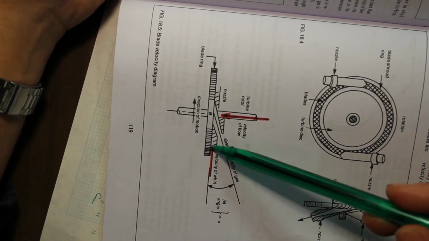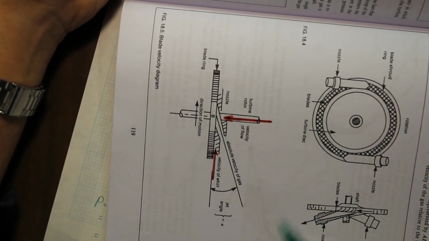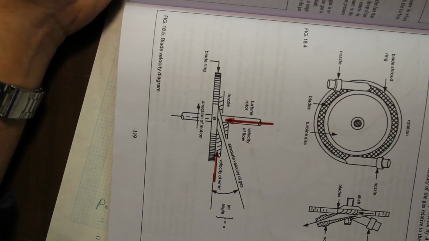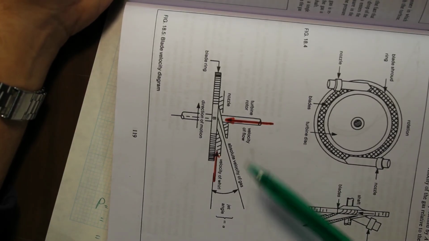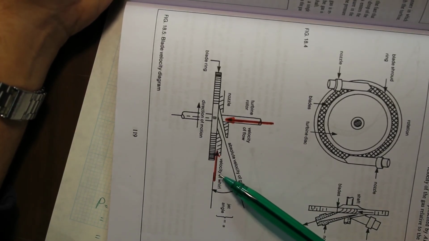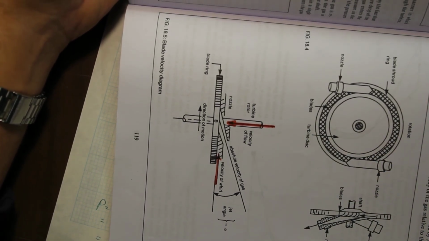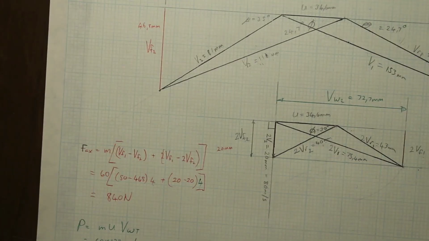So the velocity of whirl causes it to turn, and the velocity of flow is where it pushes this thing downwards. Two very important things to know. The velocity of whirl can tell you what the power is, and the velocity of flow tells you how much force is being pushed onto the bearings of the turbine. All right, so I hope that helps.